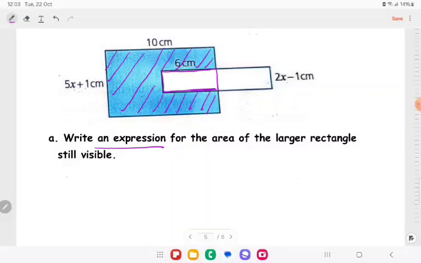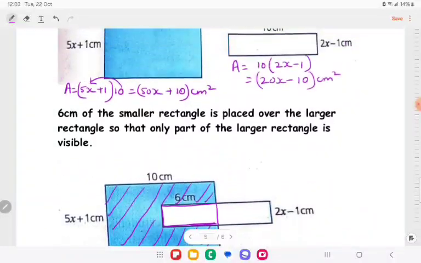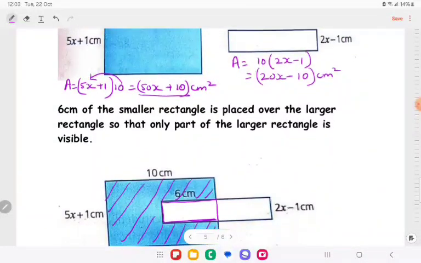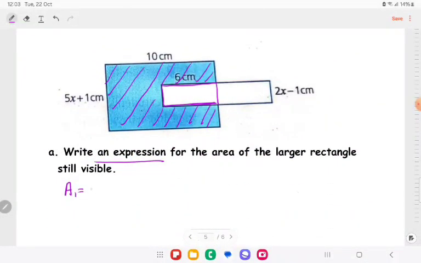So we've already got the area of the larger rectangle, which is 50x plus 10 centimeters square. Okay, and the area of the smaller one is going to be 6 into 2x minus 1.